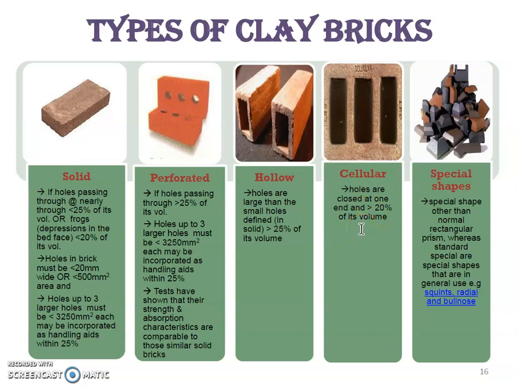It means that from the front you can see the holes for the cellular, but at the back the holes are closed. And then we have the special shapes. Special shapes means that the shape is not common, which is not a rectangular prism. The shape must be squints, radials, or bullnose.